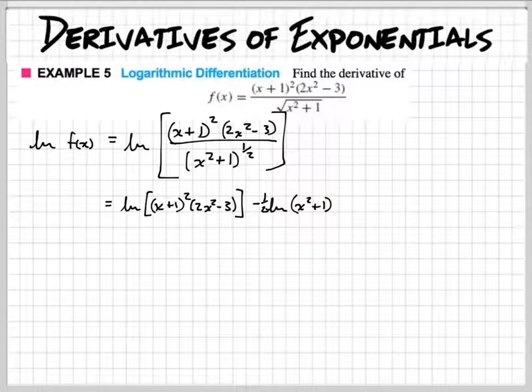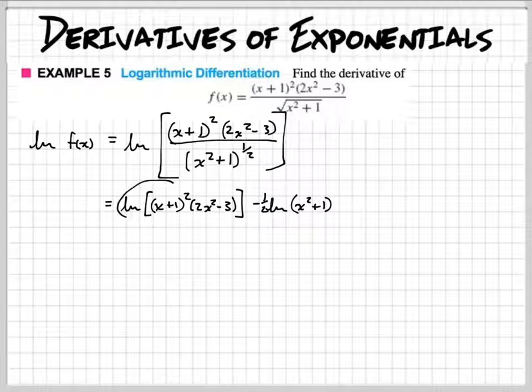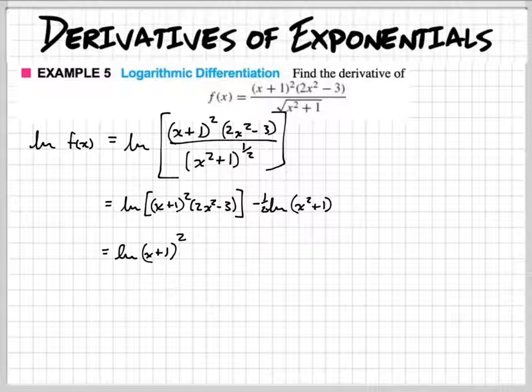Okay, this one I can take the derivative of now. That looks nice. This one still looks a little bad, but there's multiplication here. This guy's multiplying to that guy. So let's split it up even more. So we have the natural log of x plus 1. Now we have a 2 right there, but what are we going to do with that exponent? We're going to drop it.